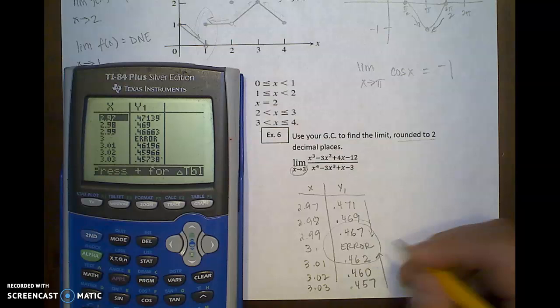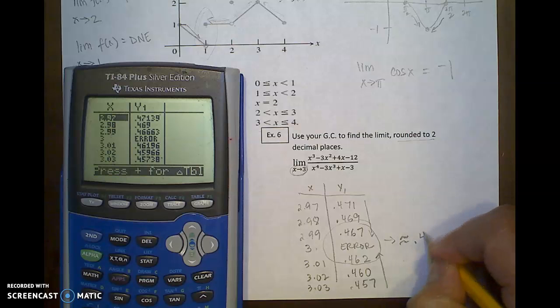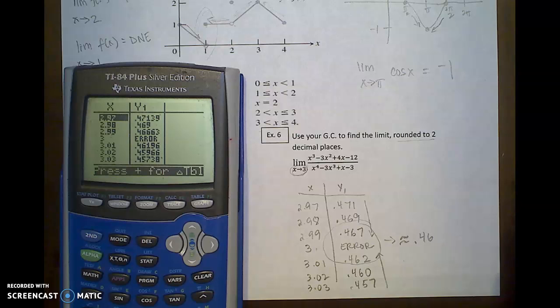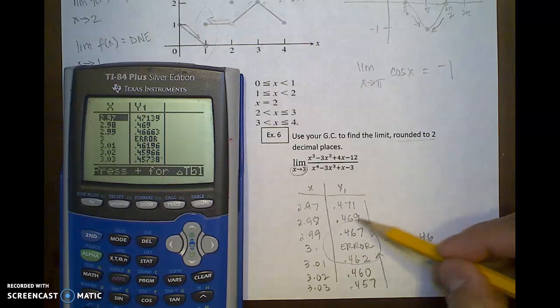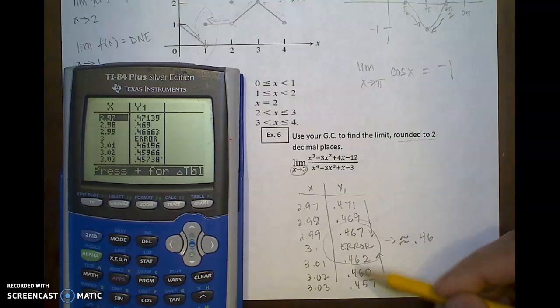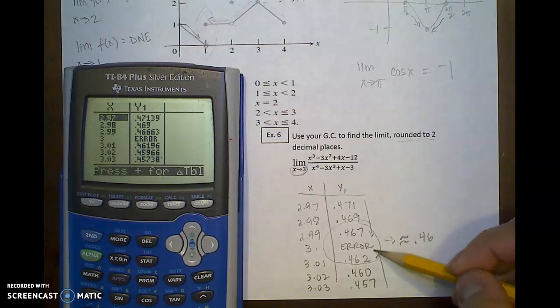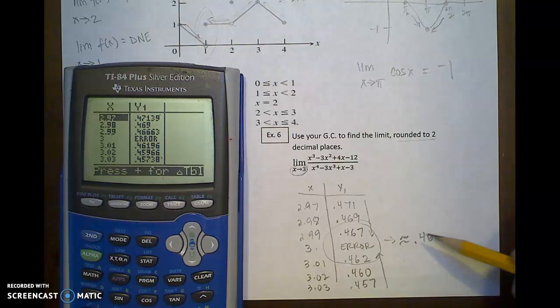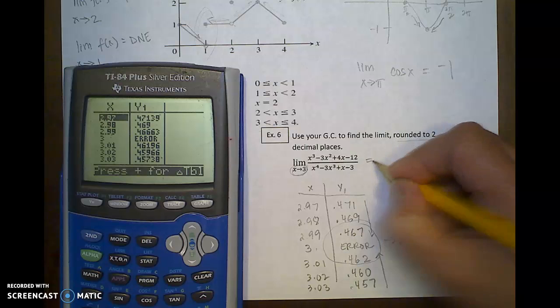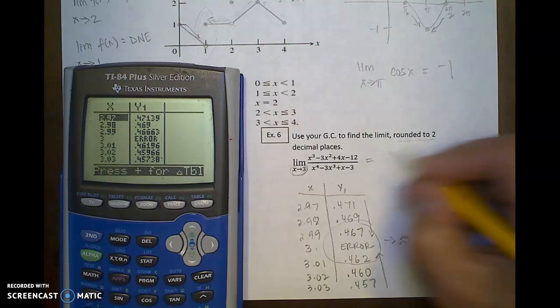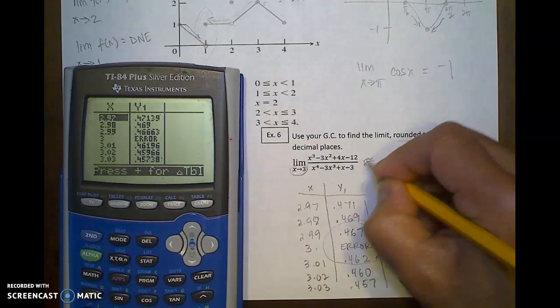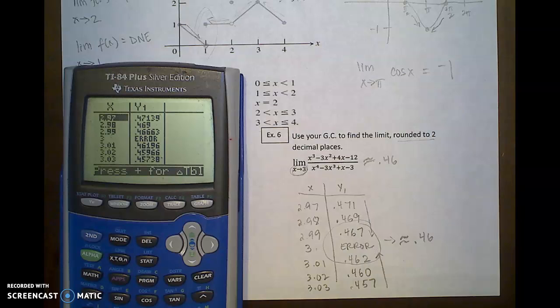It looks like we are headed towards about 0.46. You have 0.469, 0.467, so it's definitely shrinking towards that value. Here we got 0.460, 0.462, so that seems to be growing to about that value. So the limit of this function as x approaches 3 is about 0.46.